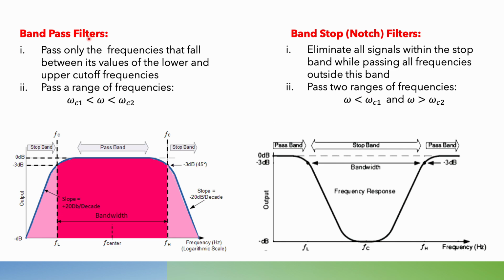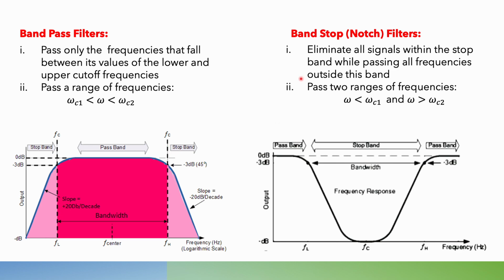A band pass filter allows some range of frequencies, between a lower frequency and a higher frequency, to pass through the filter. It passes a range of frequencies between omega C1 and omega C2. So this is the pass band, the range of frequencies, both low and high, that pass through.